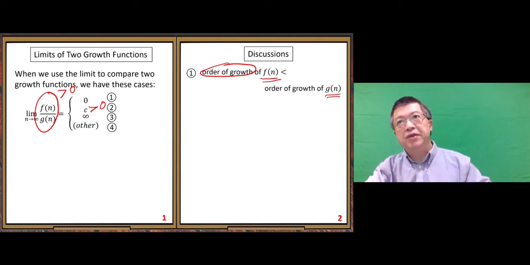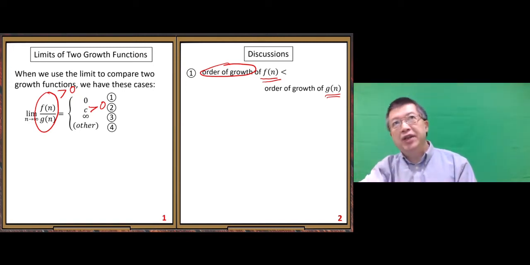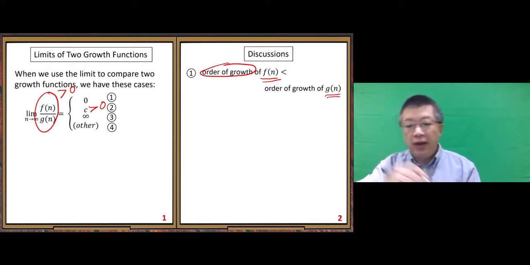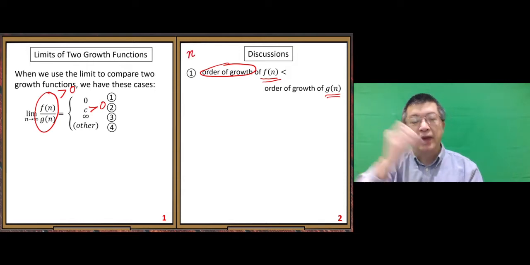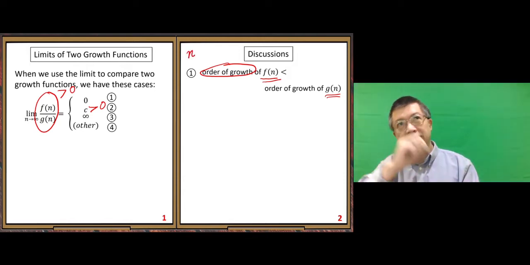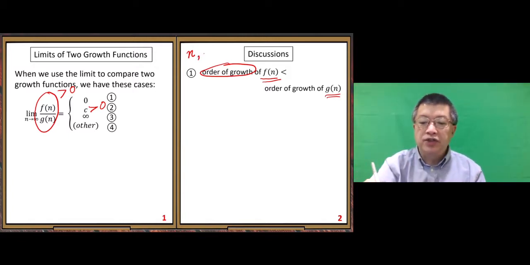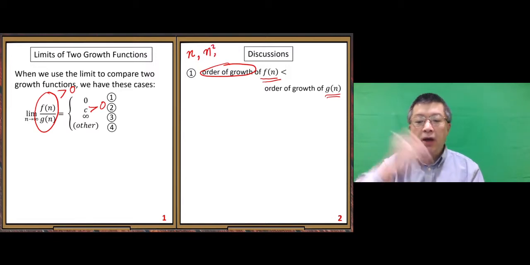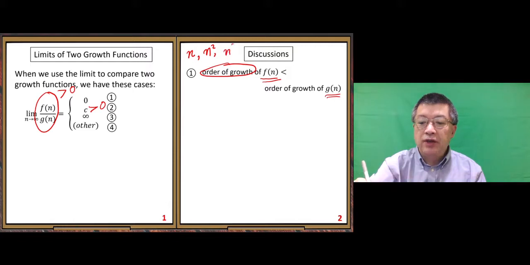But to give you a little idea, I'd like to use some relatively simple functions so you can see the order of growth. One function is just n. You can feel how fast it grows. Another function n squared, how fast it grows. Another function n cubed.